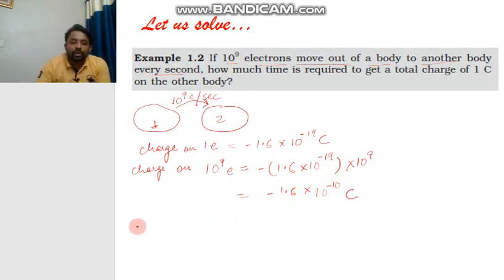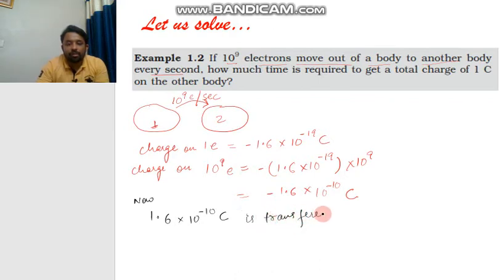So now we can say that 1.6 into 10 raised to power minus 10 coulomb charge is transferred in 1 second.